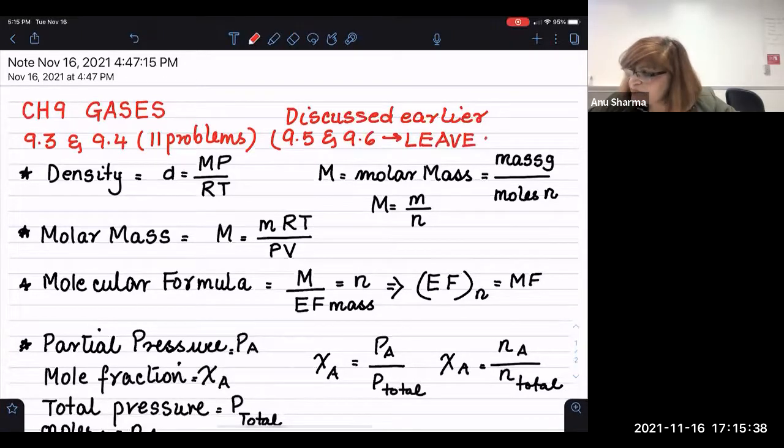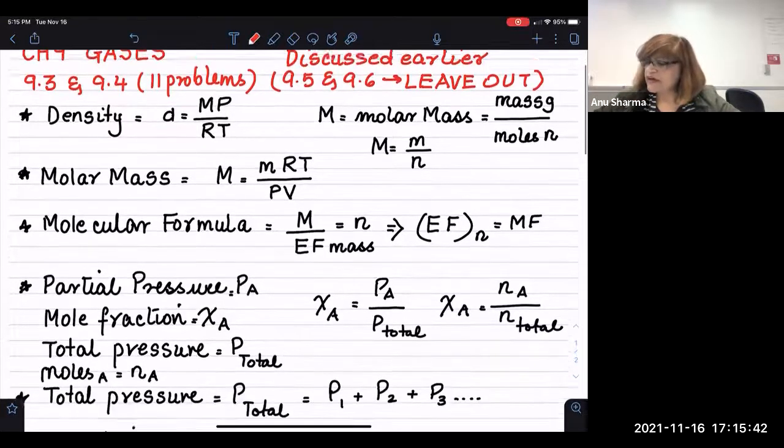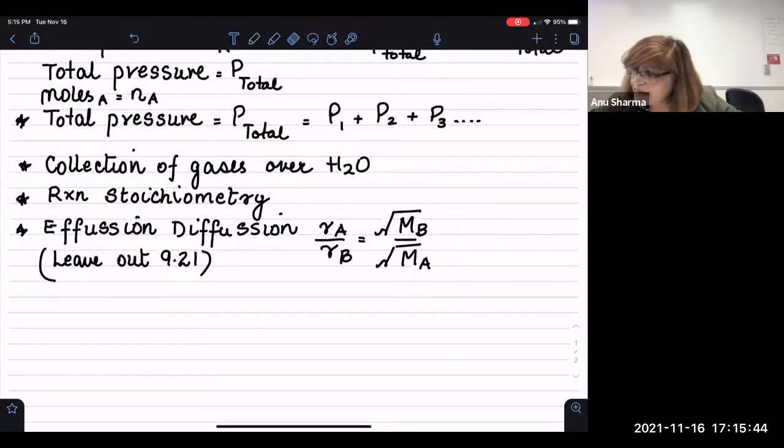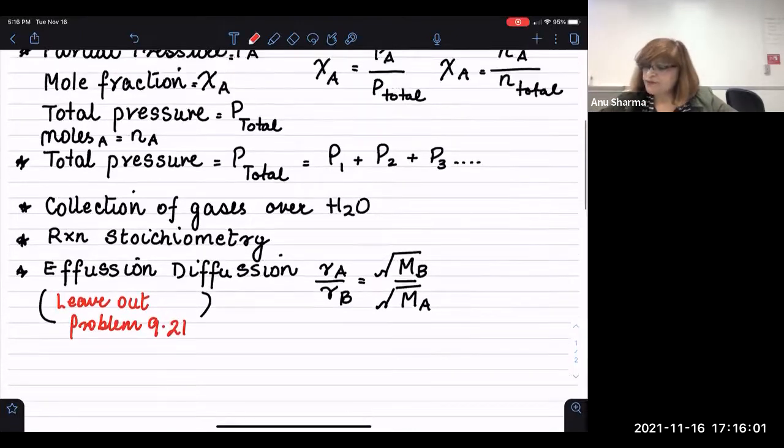So we talked about the ideal behavior, non-ideal behavior, all this entire kinetic theory. That's one thing. And second thing is you are also going to leave out this problem, which you can try on your own if you want to. So leave out the problem 9.21. That relates to effusion and diffusion.